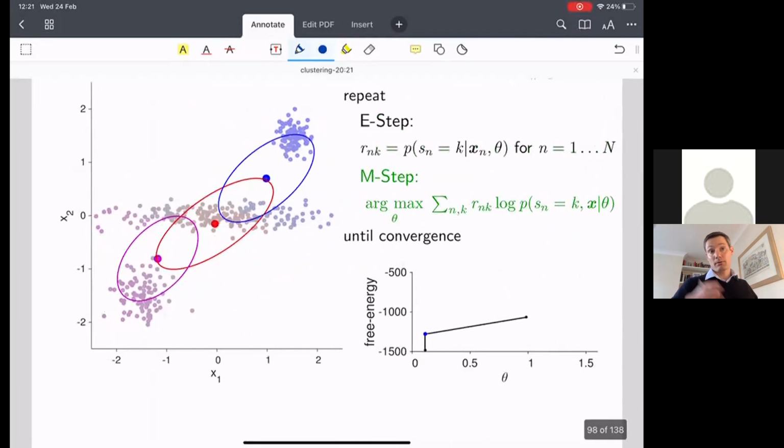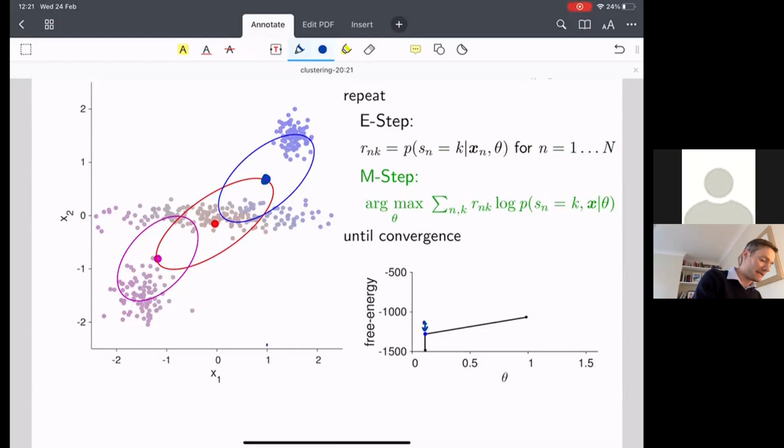Here's the second step, the M step. So we update the parameters here, and you can see sensible stuff is happening. The blue one has grabbed all of these data points, and so it starts to look like an elongated Gaussian distribution with a cluster center at the center of mass of those points. Similar things happen for the other clusters. And again, our free energy has increased, which is reassuring.